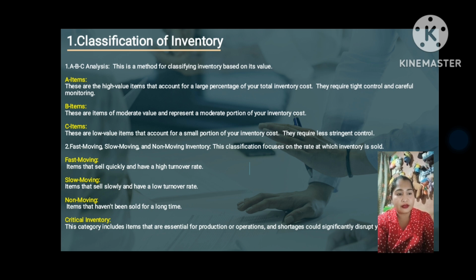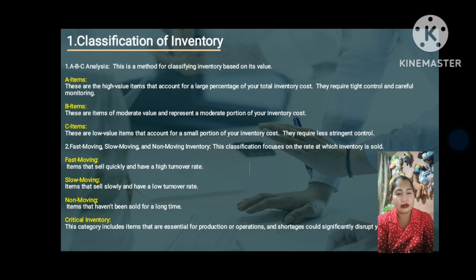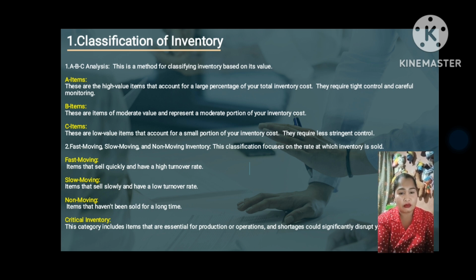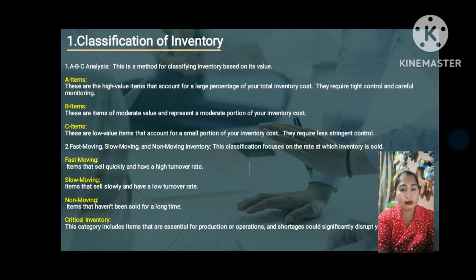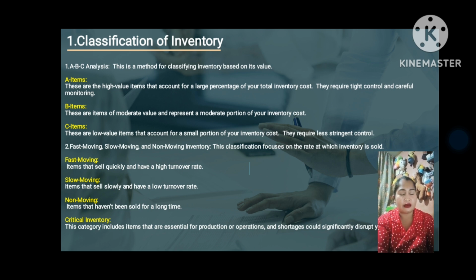For the B items, moderate value, representing a moderate portion of the inventory. In Dole we itemized the raw materials and ingredients. The B items are the raw materials that are non-moving or not used much, or it depends upon the pack plan for this week.